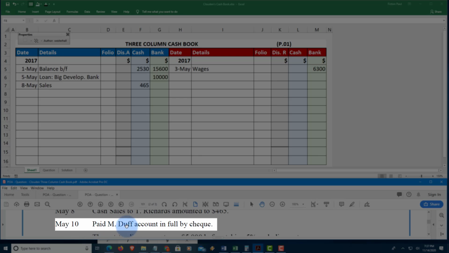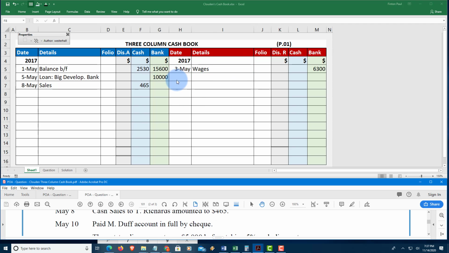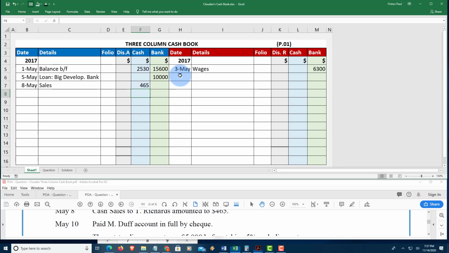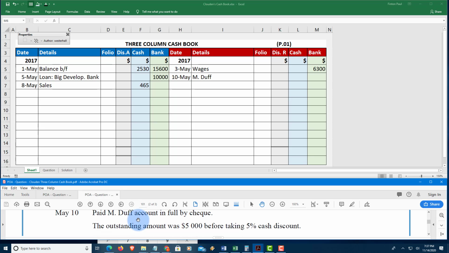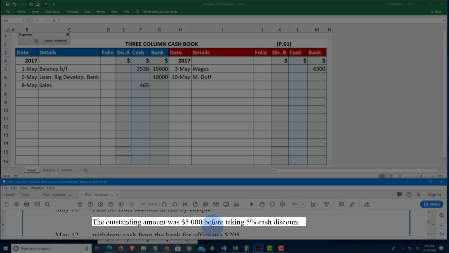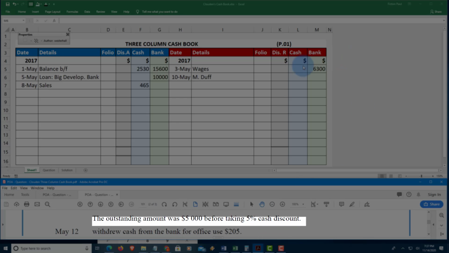May 10th, paid MDOF account in full by check. So we're paying. It says the outstanding amount was 5,000 before taking 5% cash discount.